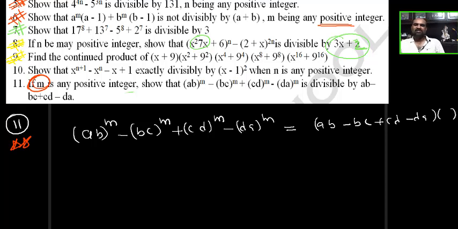Then only I can say that this is divisible by ab - bc + cd - da. So logically you can factorize this, and I will show you here.